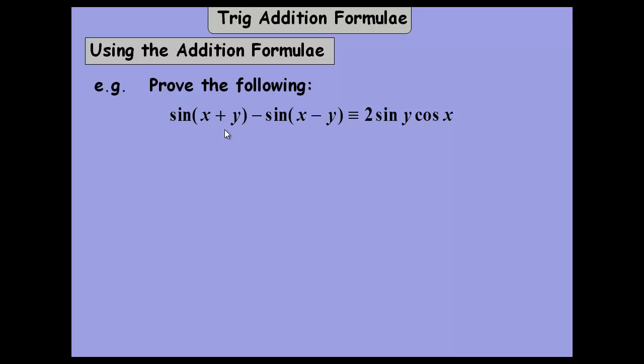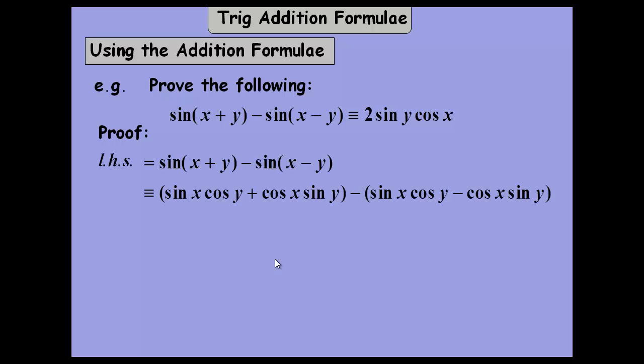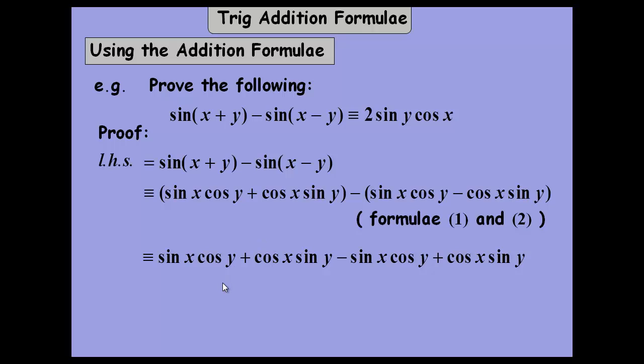Now, generally speaking, if you've got something like this, the first thing you would do is expand out where you've got the need for an addition formula. So expand out sine x plus y and sine x minus y, like that. The first 2 formulae.